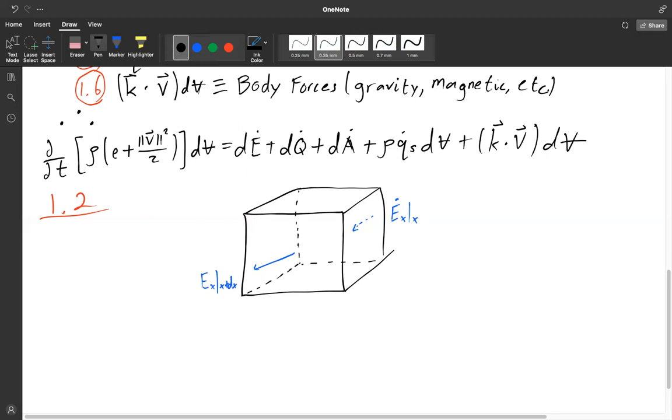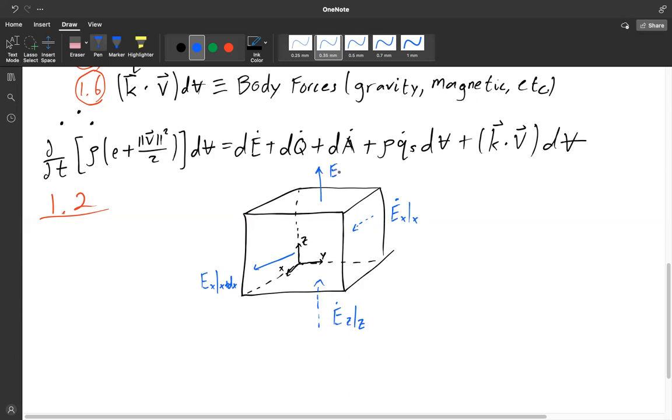And let me create our coordinate system. This is x, y, and z. This is the energy in the z direction at z.